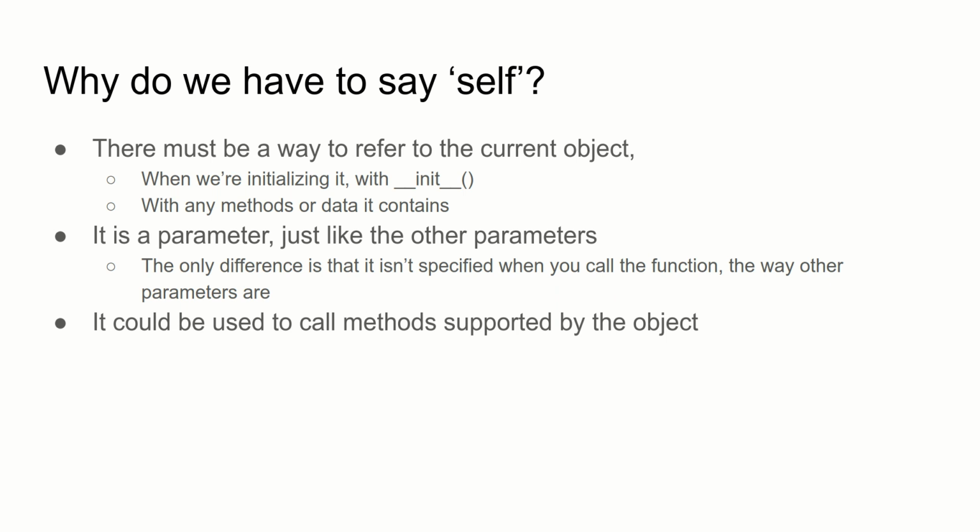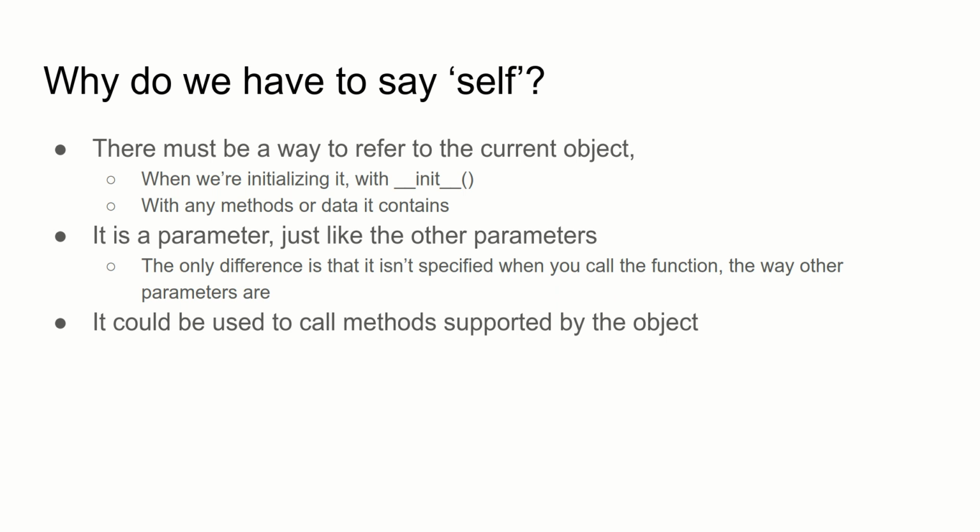When we're initializing the object, of course, we also need the self there, so that we can set things up for it, so that we can say, your name will be Bob, your ID number will be 4, your list of courses will be this empty list, or whatever. So it is just a parameter, like any other parameter.